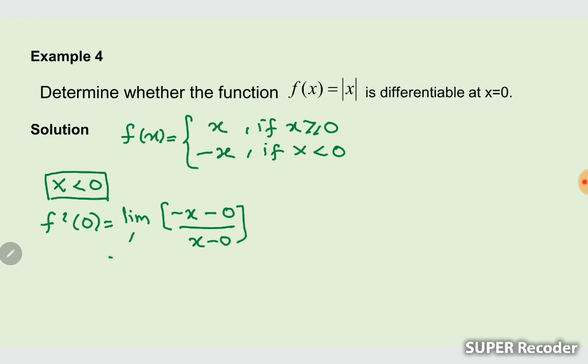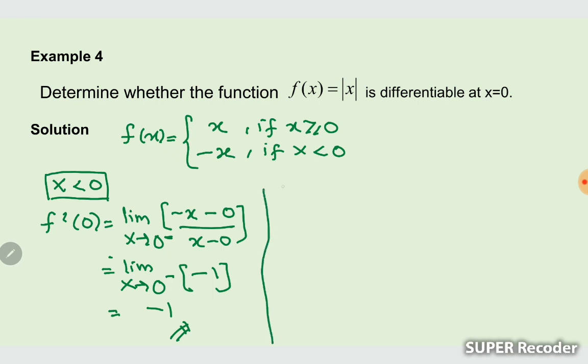So the limit as x approaches 0 from the left is negative x over x. The answer is negative 1. So the final answer is that the limit as x approaches 0 from the left is negative 1.